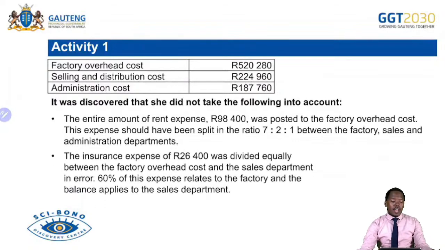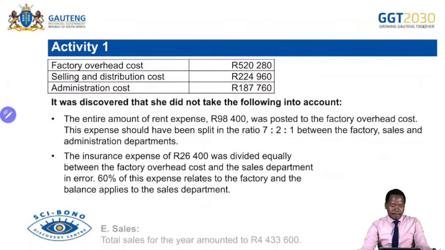Right, next one, grade 12, it says that the insurance expense of 26,400 was divided equally between the factory overhead costs and the sales department in error. 60% of this expense relates to the factory and the balance applies to the sales department.